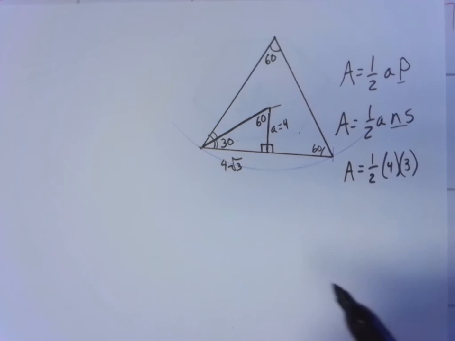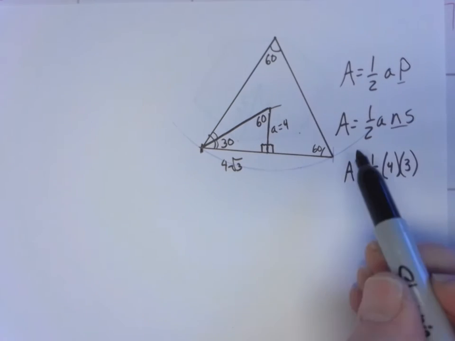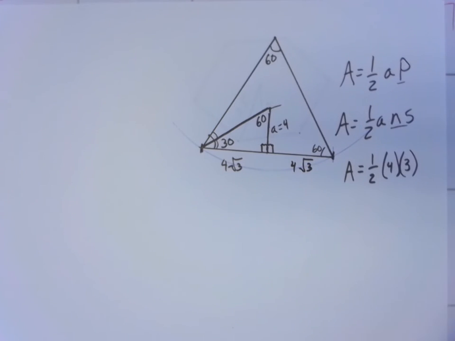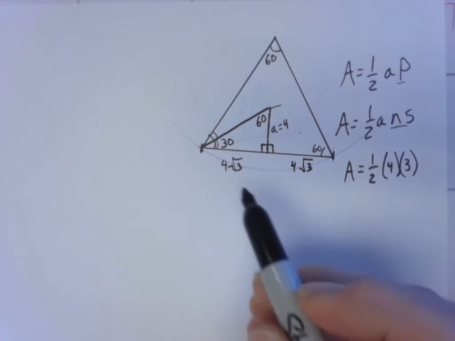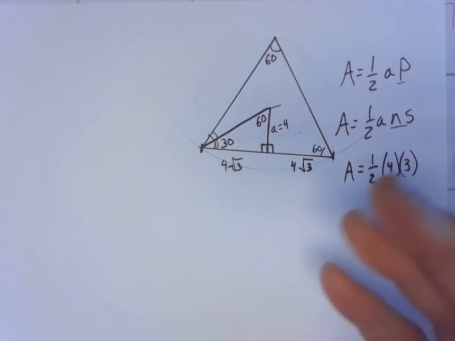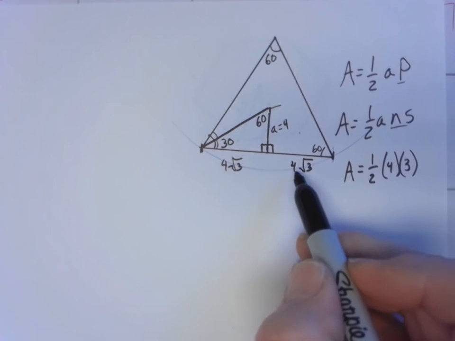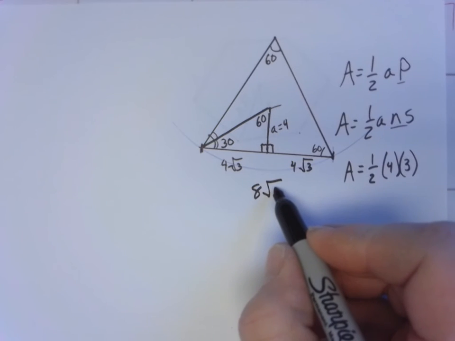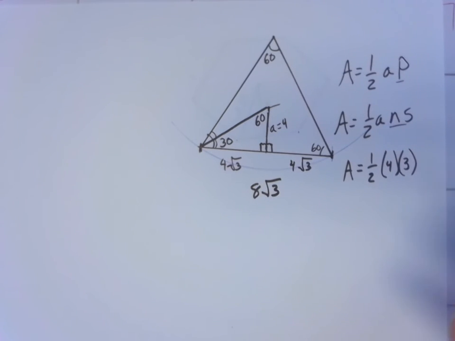So, all right, how long is the entire length? Well, it's 2 4 radical 3's. So 4 radical 3 plus 4 radical 3, they're like terms, just like 4x plus 4x. So we have 8x, or 8 radical 3. And now we actually know the length of one side.